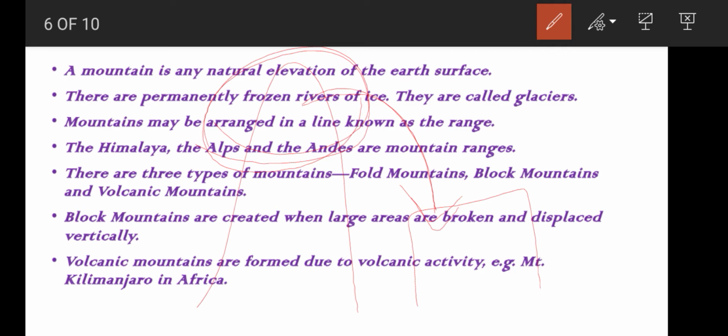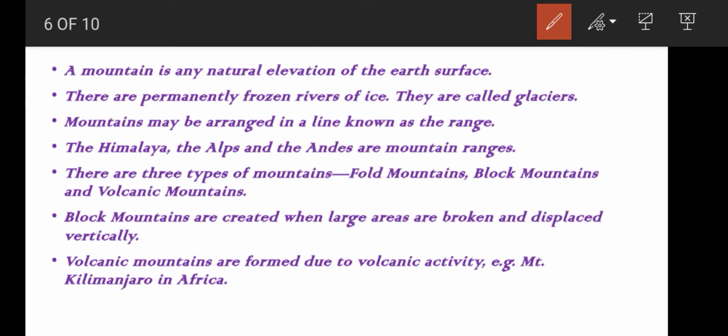The uplifted, high part is called horst (karst), and the downlifted, low part is called graben. These are called block mountains.